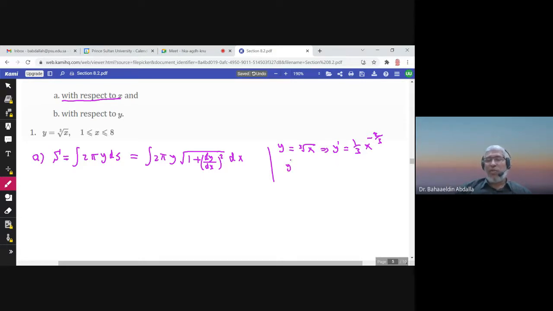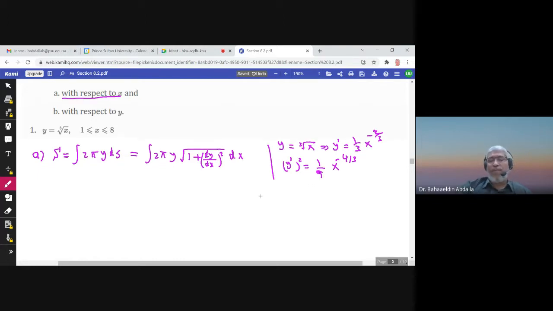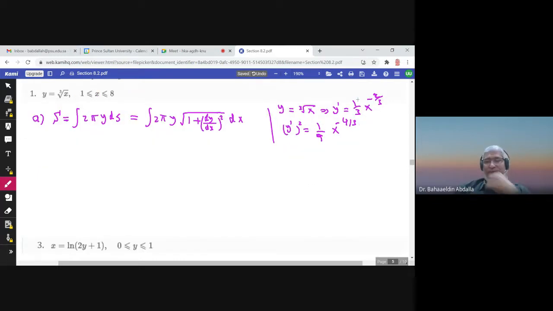So y prime square would be 1 over 9, x to the power negative 2 over 3 times 2, so x to the power negative 4 over 3. When you raise to the power 2, you multiply the powers.